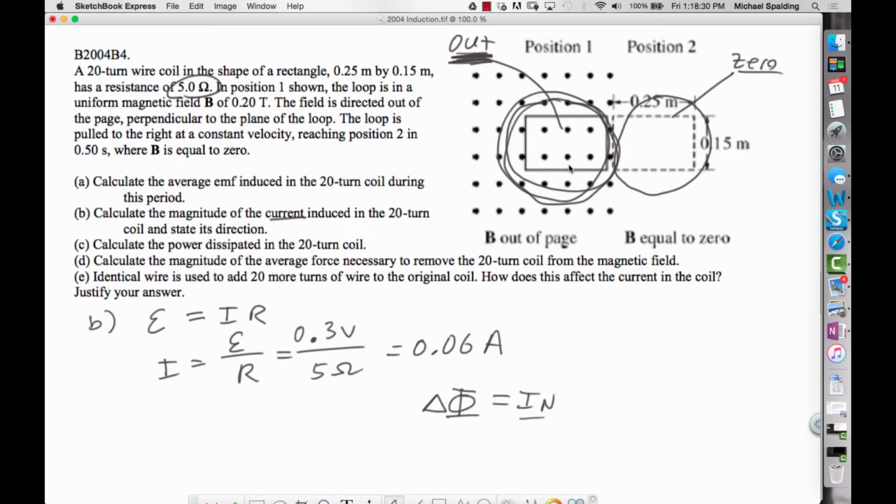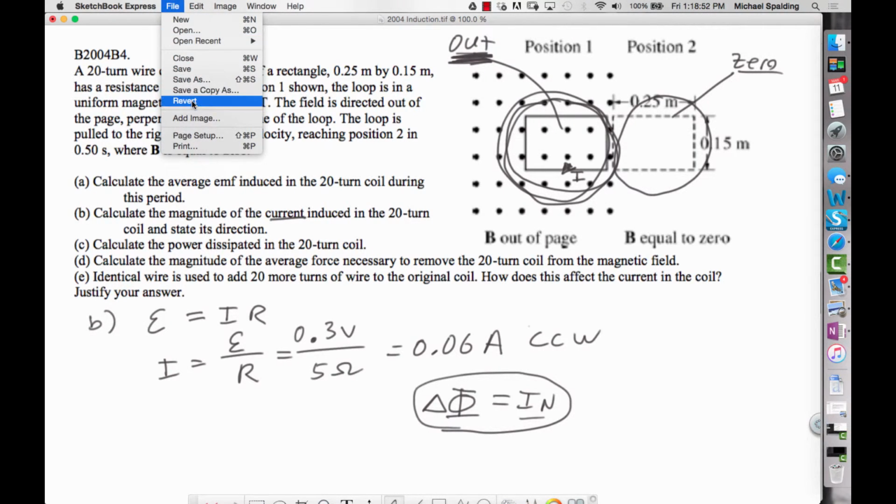So that's going to give us a counterclockwise current. The current must be going counterclockwise, because if the change of flux is in, that means the induced current makes a magnetic field that is out. So you apply right-hand rule number 2 to this loop, and that gives you a counterclockwise current.